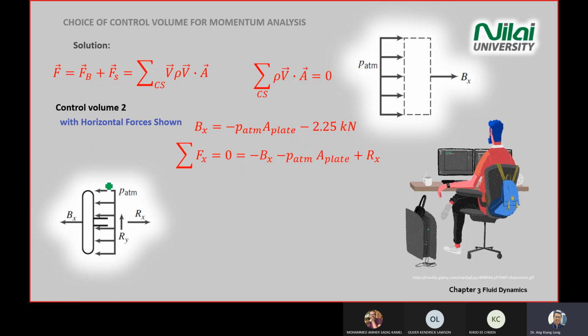Then the next one, you look at the plate free body diagram. You focus on the x direction, so all the force in the x direction equals 0, where the equilibrium principle applies here. So you look at the diagram, Bx is to the left, you get a negative sign. So you get negative Bx. Pressure times the area is to the left, so you get a negative sign here.